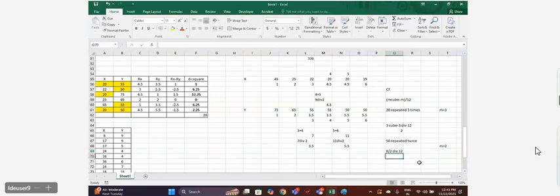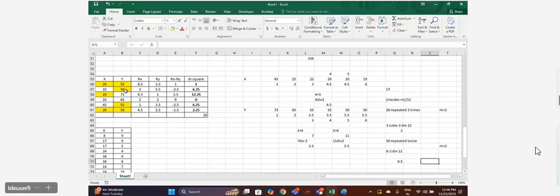M cube minus M: 8 minus 2 divided by 12. So that is 6 divided by 12, which is 1 by 2, that is 0.5. You need not calculate it for other values because the value does not change. For 50, I have calculated it is 0.5.